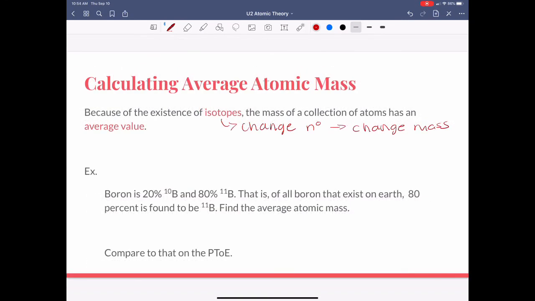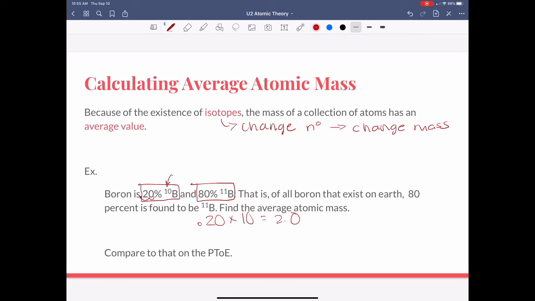So in your notes, step 1 tells you to multiply the decimal percent by the mass of each isotope. So let's identify each isotope. I've got 20% of boron 10 and 80% of boron 11. So the decimal percent would be moving that decimal forward twice, and you would have 0.20 times 10, which is the mass of that isotope, which would give us 2.0.